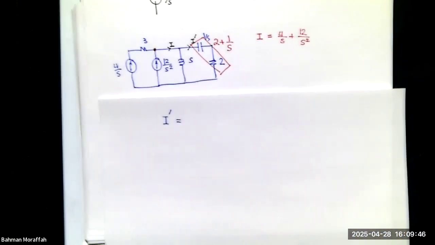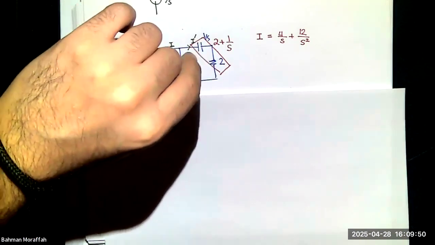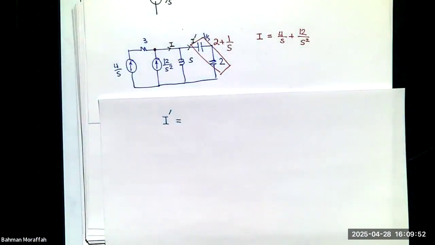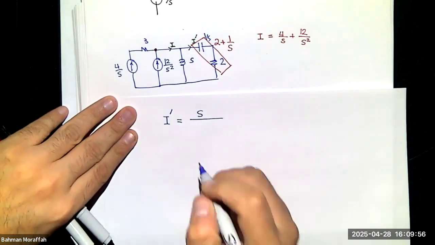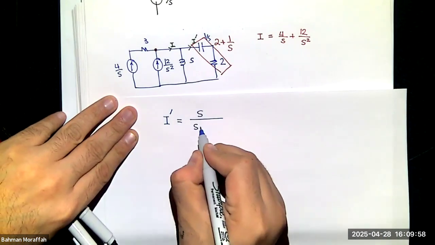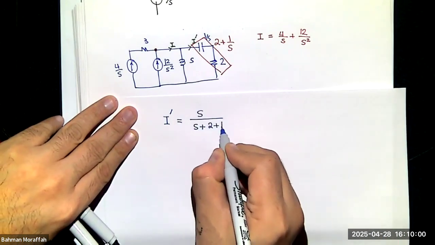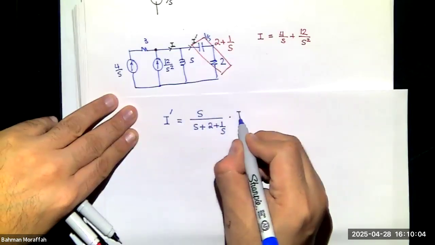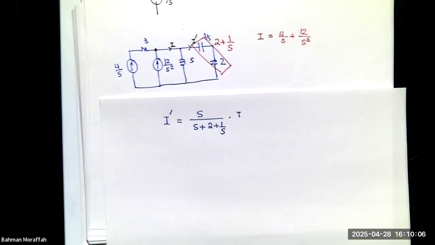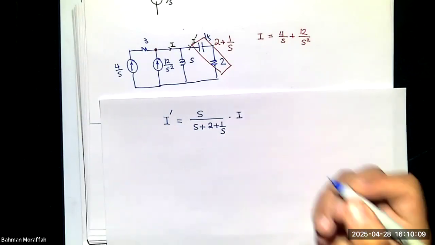Does anybody want to tell me what it is? S. If it's a current divider, it's proportional to the value of the other branch. So it is S over S plus 2 plus 1 over S times the value of the source, which is I.